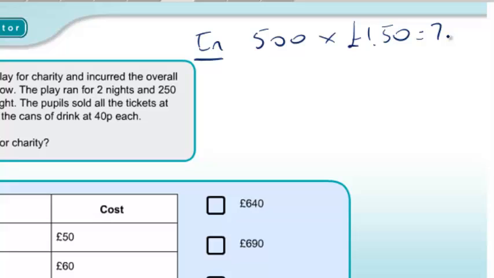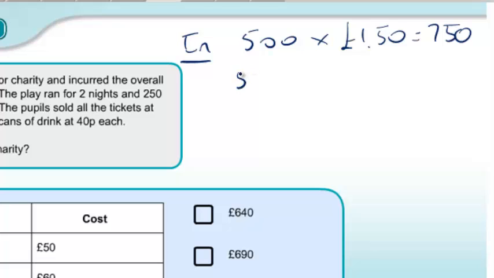So that is £750. We could do that on the calculator, or good practice for the mental math section, we could say, well, if it was £1 a ticket, it would be £500, and if it was 50p a ticket, it would be half that amount at £250. So £1.50 has to be 500 plus 250, which is £750.